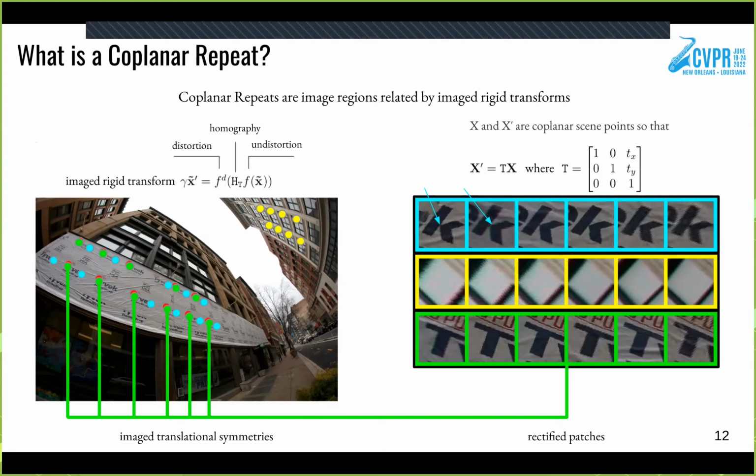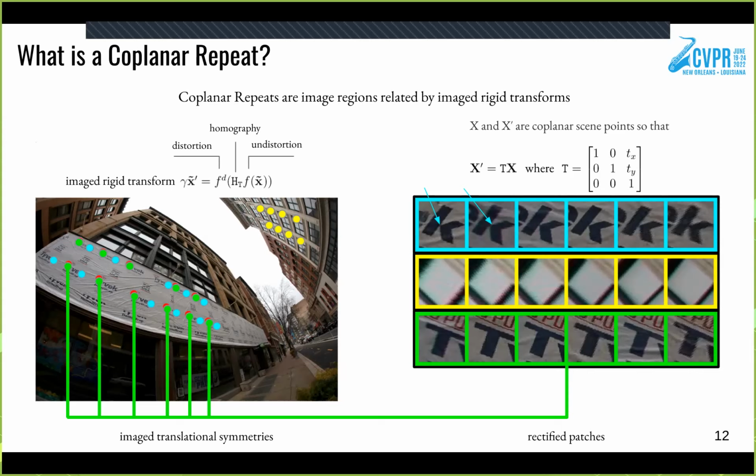So you have the undistorted point, and then you have this homography, which is a planar transformation in the image that relates correspondences. And then you have the distortion or projection function, which takes you back into the image. So you undistort, back project, transform by a homography, which also encodes the isometry, and then you image again. And if those things are in perfect correspondence, then you have a coplanar repeat.